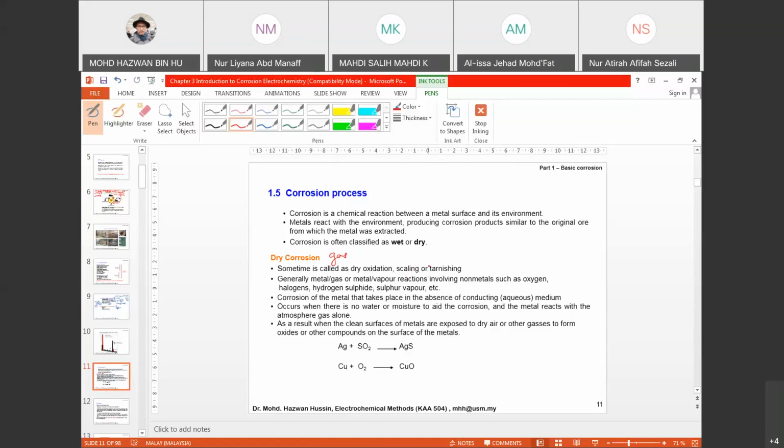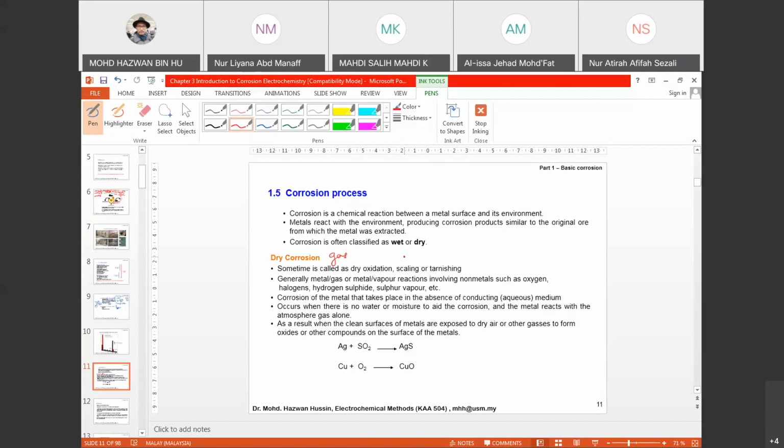Maybe just a slight amount of moisture, because you can see metal materials around you, for example, some barricade that is made from metals. It has not been dipped in water. It's just exposed there naturally, but corrosion is still produced.